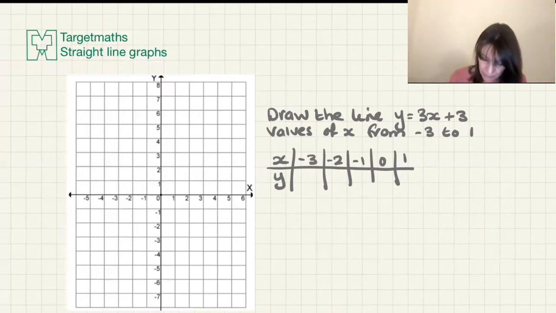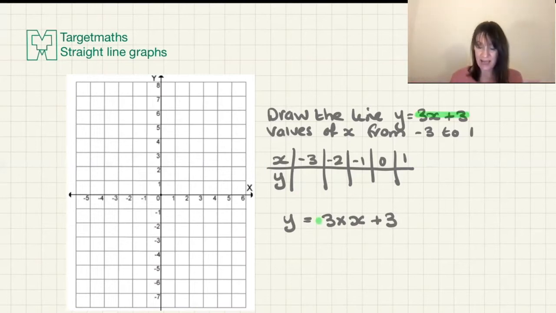So my rule is y is going to equal 3 times whatever x is plus 3, okay? So that rule there, I have written here. I've just expanded it out so I can see the maths. And then I am going to put 1 from the table where the x is.